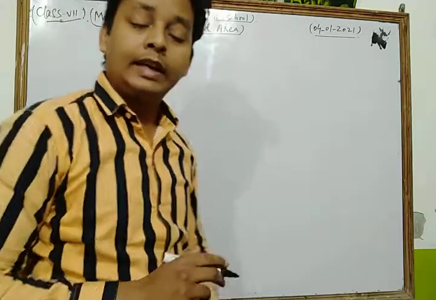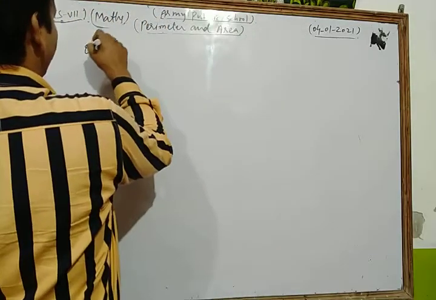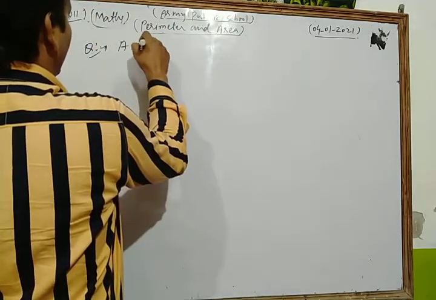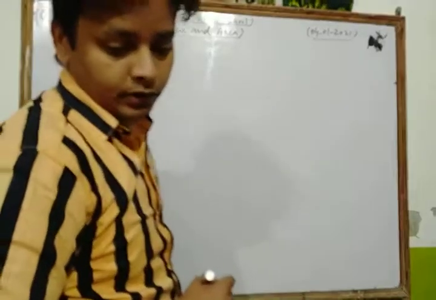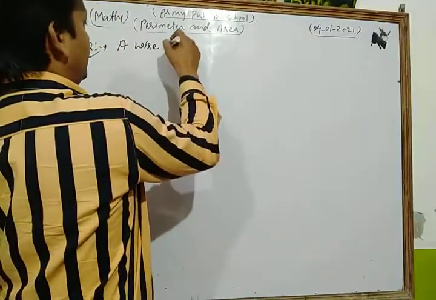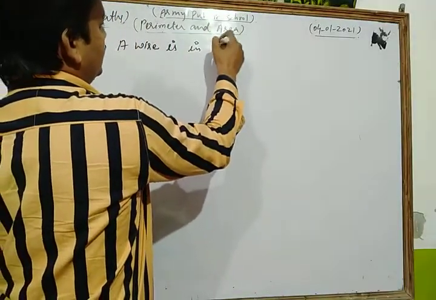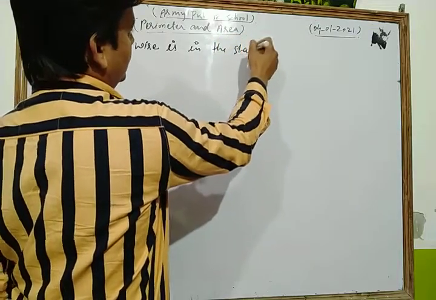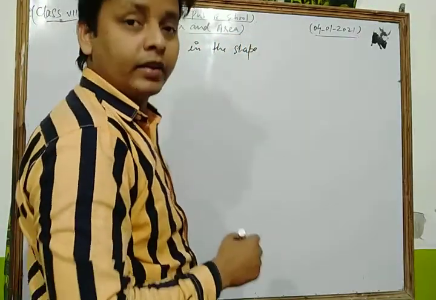Now, a very important question of your NCERT syllabus. A wire is in the shape of a rectangle.